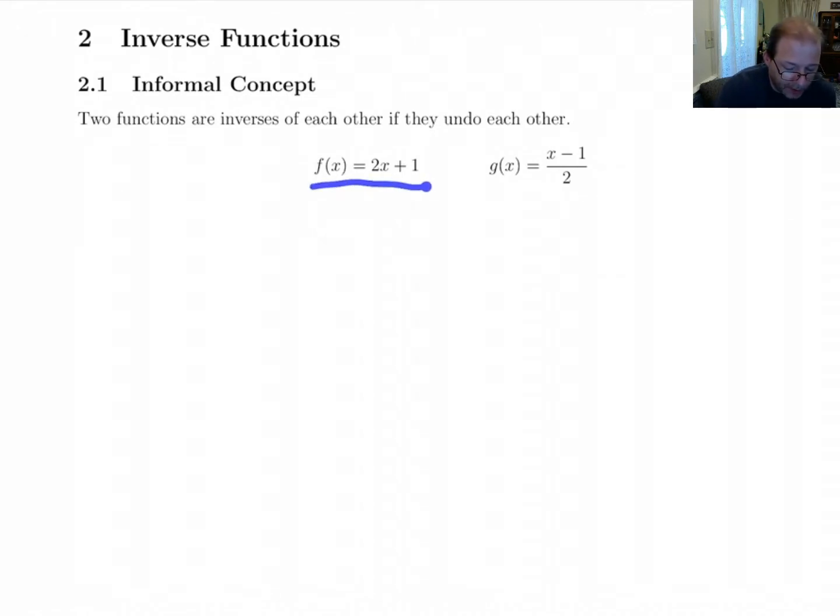So if you think about what f does to its input value, it says, let's take this x, let's double it, and then add 1. So f says double, then add 1.